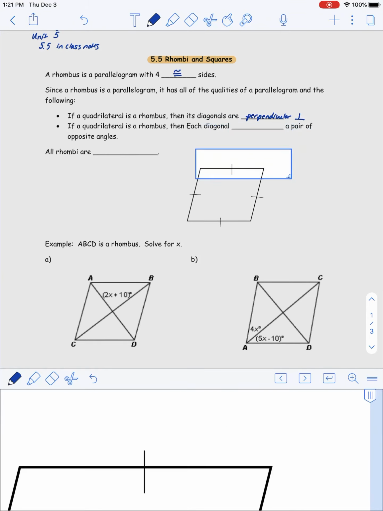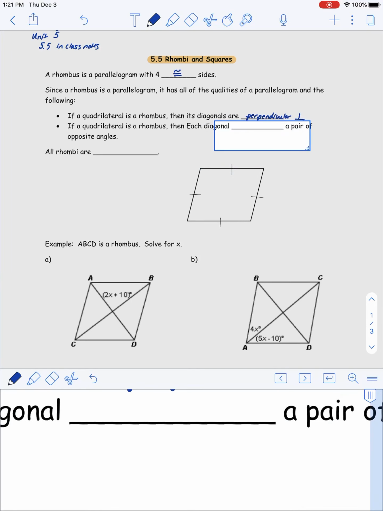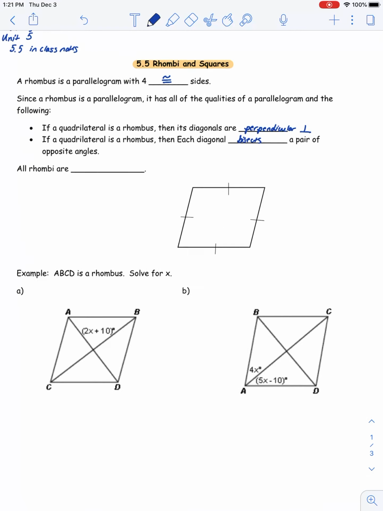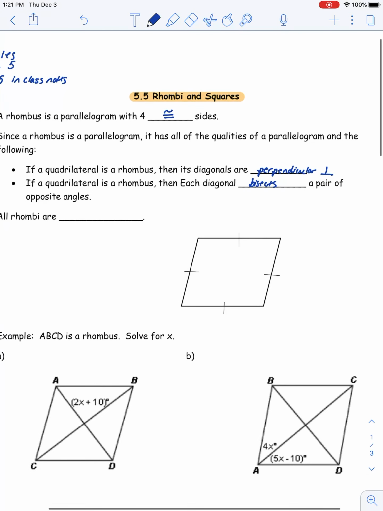The second one is that if a quadrilateral is a rhombus, then each diagonal bisects a pair of opposite angles. So again, since a rhombus is a parallelogram, all qualities of a parallelogram are true. And on top of that, its diagonals are perpendicular and each diagonal bisects a pair of opposite angles.